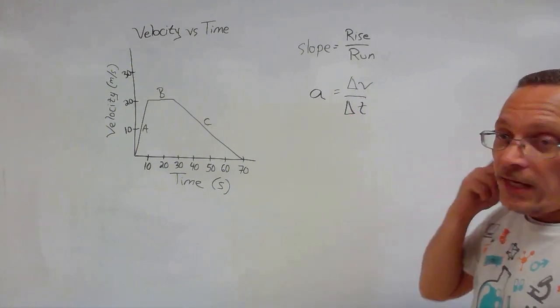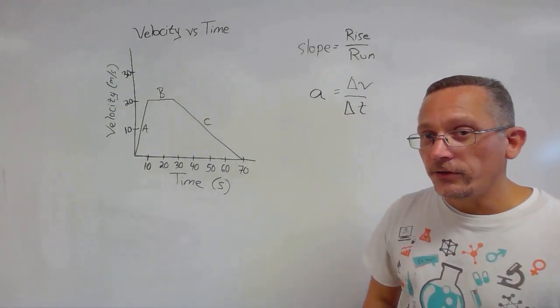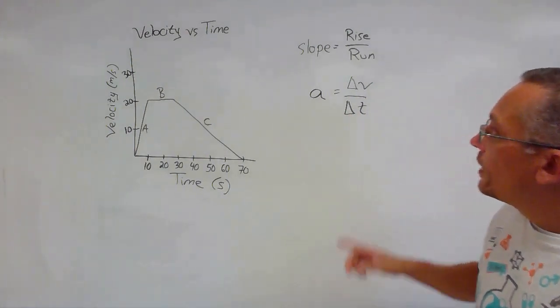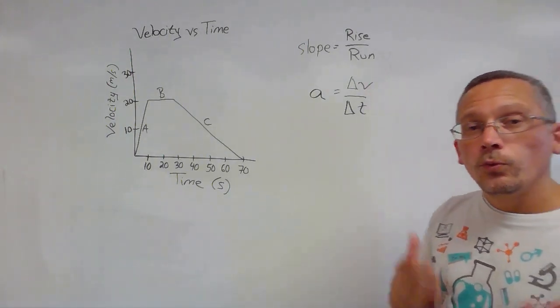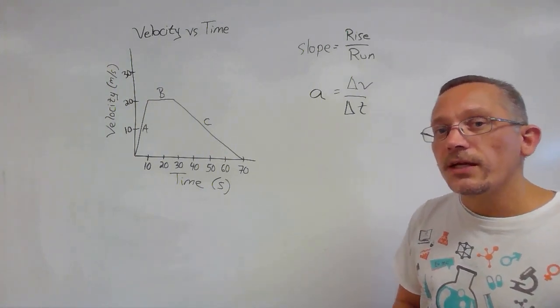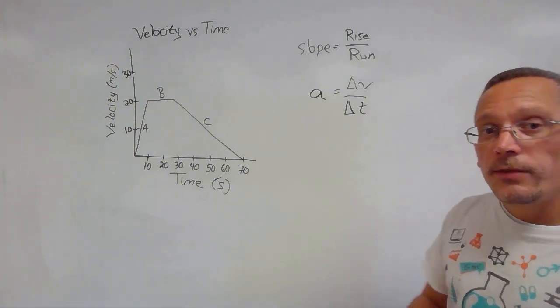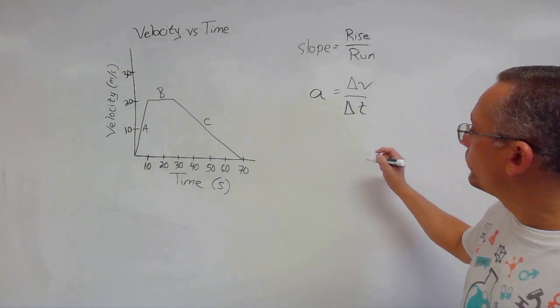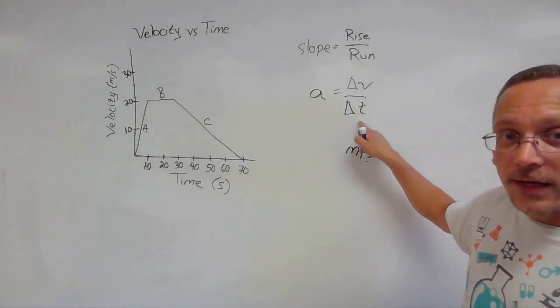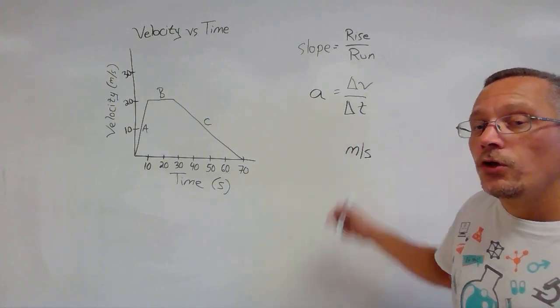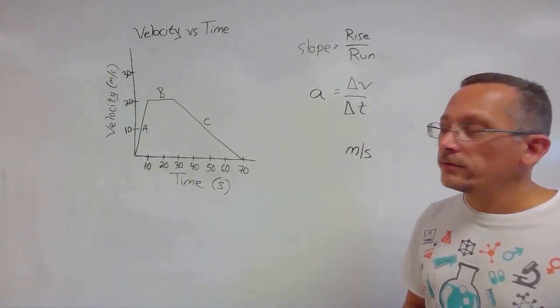Now let's think about the units for acceleration for a minute here. We've got delta v, velocity. What unit is velocity measured in? It's measured in meters per second. And then on the bottom here, we've got time. What units is time measured in?